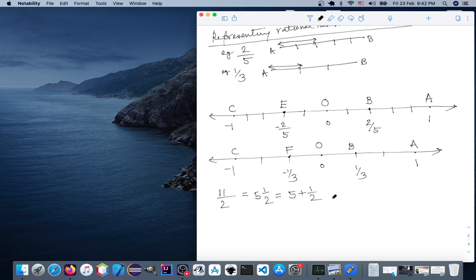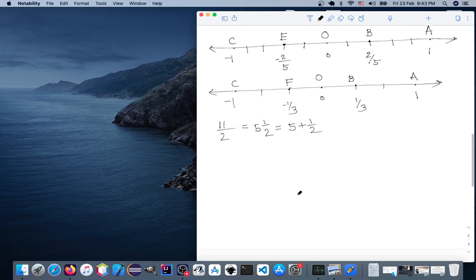So 5 whole units, and then if I divide a unit distance into two equal parts, one such equal part is half. So how will I represent 11 by 2 on the number line? Let's see.